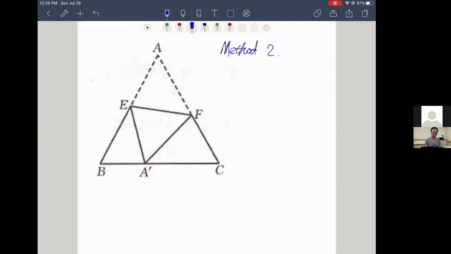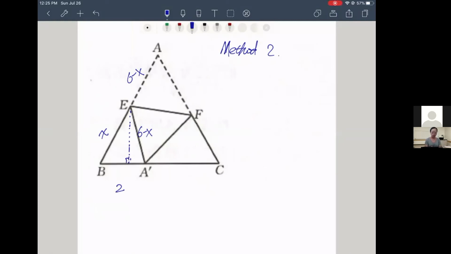In method 2, again, I know that this is 2, this is x, this is 6 minus x, this is 6 minus x. And angle B is special, it's 60 degrees. I want to take advantage of that. I know that it works best if I have right triangles.